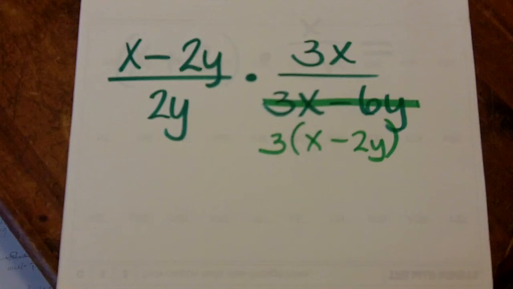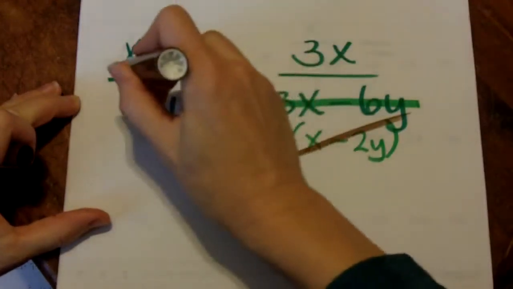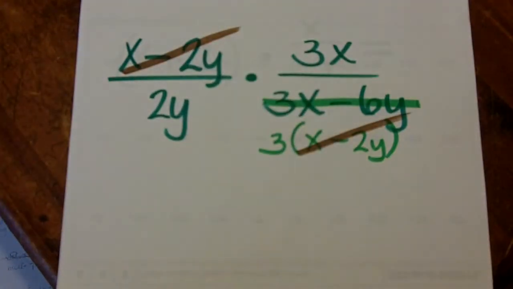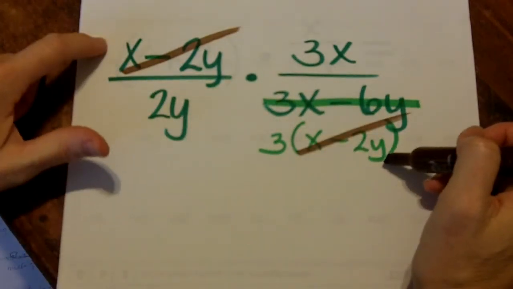Okay, now at this point, I can cancel out what is in common. Okay, so I have x minus 2y, and I have x minus 2y. Okay, remember, if you have a minus sign or a plus sign attaching two things together, then the entire group has to be able to go. In this case, the entire group is enclosed by parentheses, and it matches that entire group.